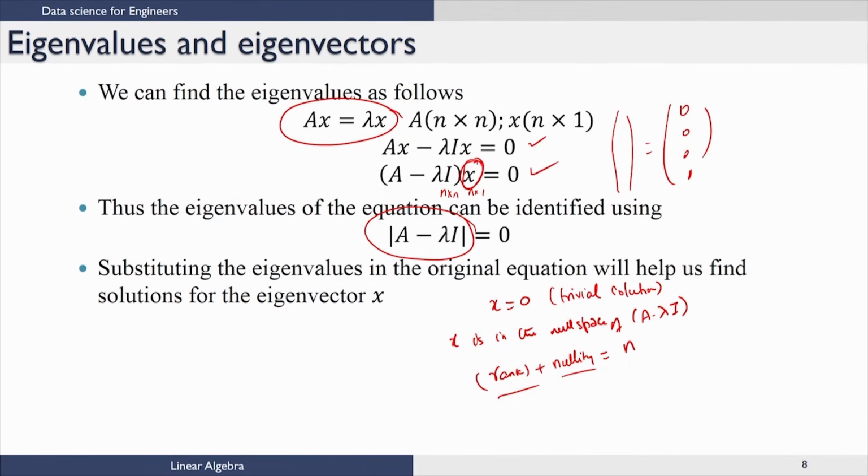Once we solve this equation and compute a lambda, we can go back and substitute the value of lambda here, and then we have (A minus lambda I) times x equal to 0. The way we have chosen lambda is such that this matrix does not have full rank, that means there is at least one vector in the null space, and using concepts that we have learned before, we can identify this null space vector, which would become the eigenvector.